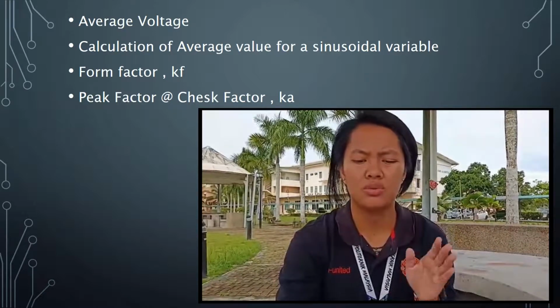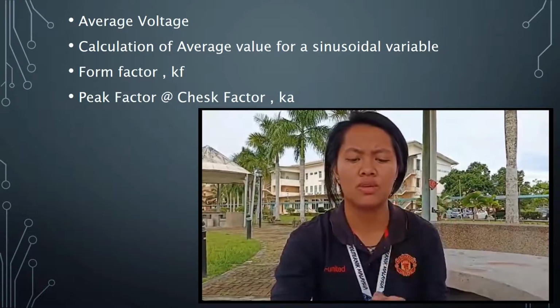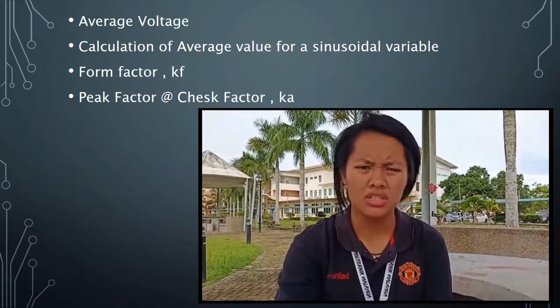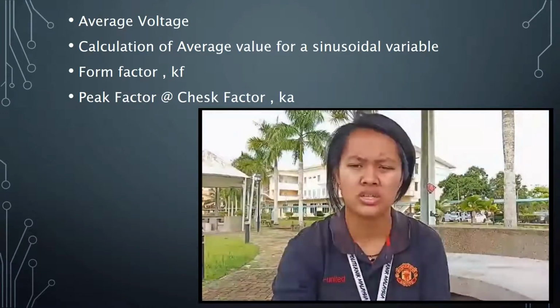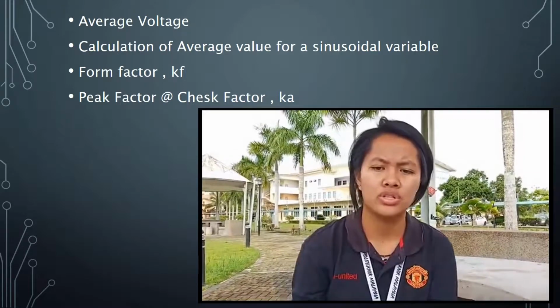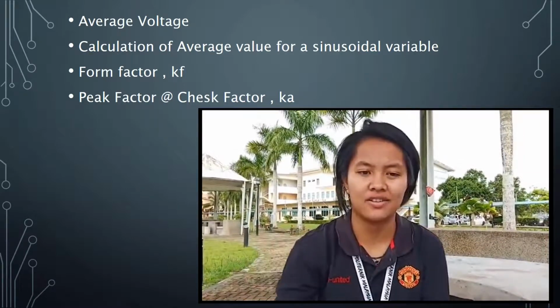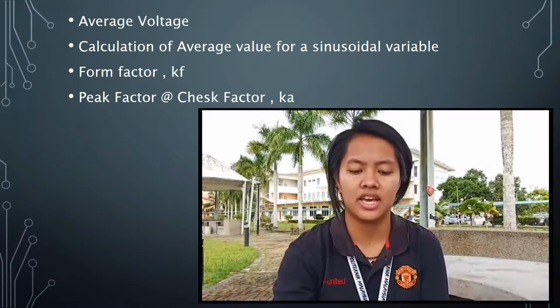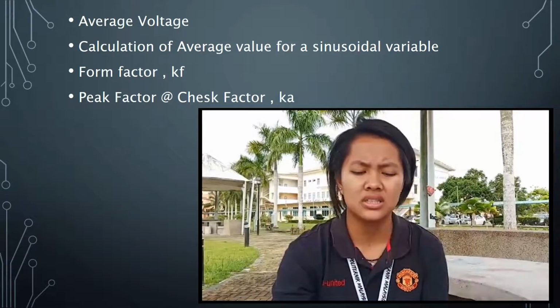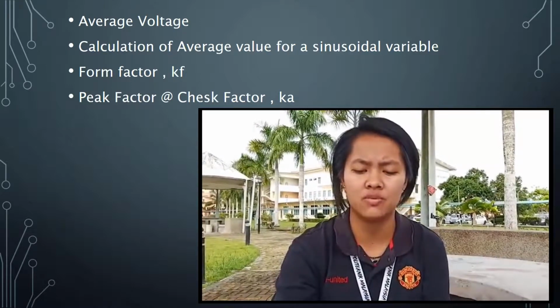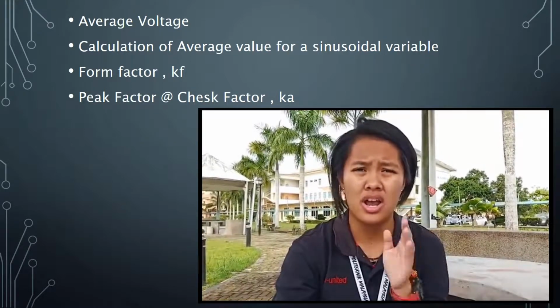Form factor, Kf: the form factor for a sine wave is defined as the RMS value over the average value. Peak factor or crest factor, known as Ka: the peak or crest value of a sine wave is defined as the maximum value over the RMS value.